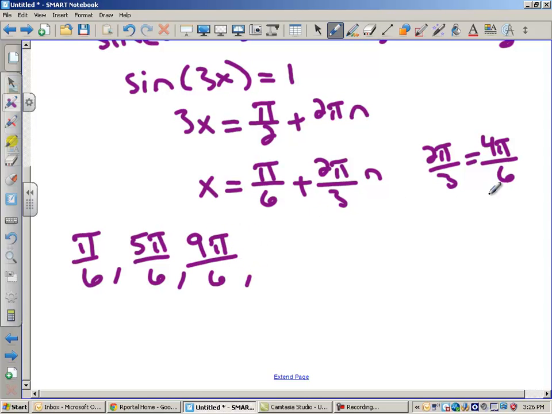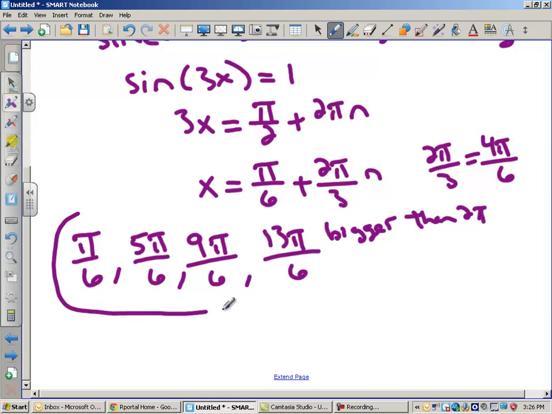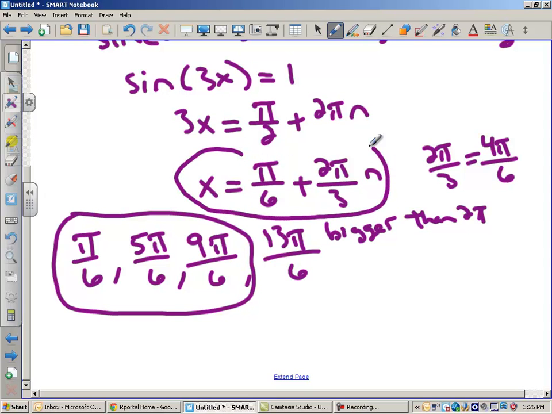And then if you add 4 pi over 6 one more time, you get to 13 pi over 6. And that is already bigger than 2 pi, because 2 pi would be 12 pi over 6. So if you just want the solutions from 0 to 2 pi, you just stop right there. If you wanted the general solution, it would be right here.